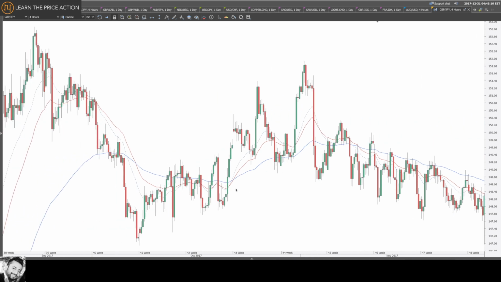I'm now in the GBP/JPY 4-hour chart, and I want to show you how these EMAs are drawn here. This blue EMA is the 89 EMA. This red is your 34 EMA.